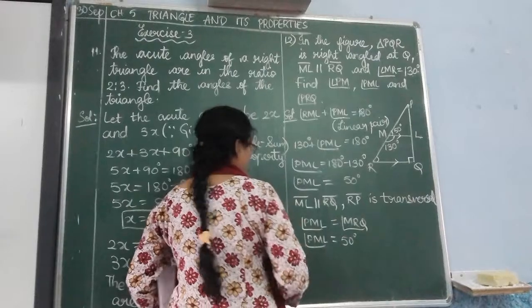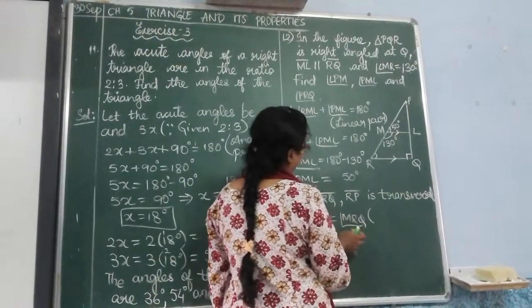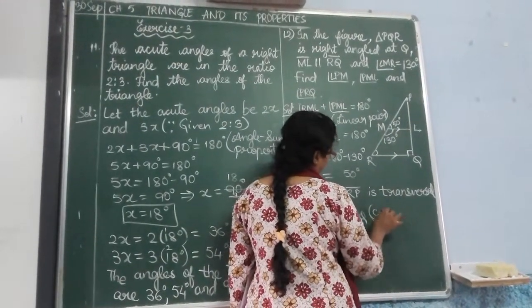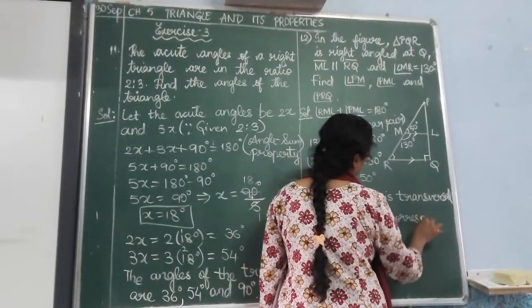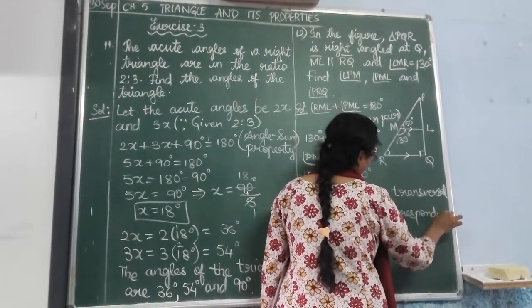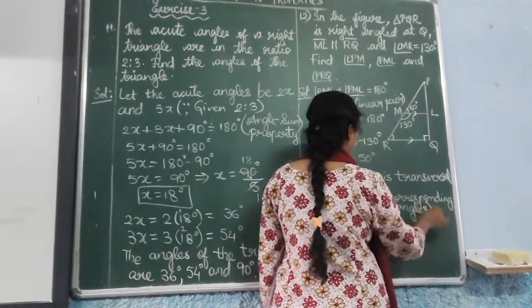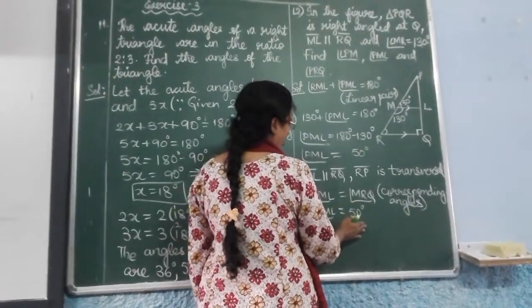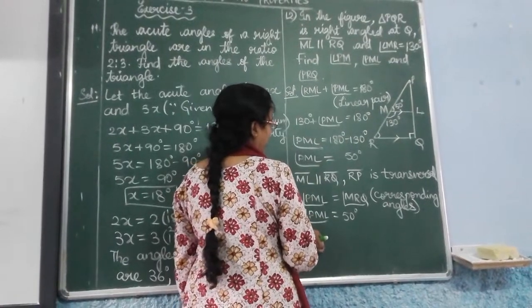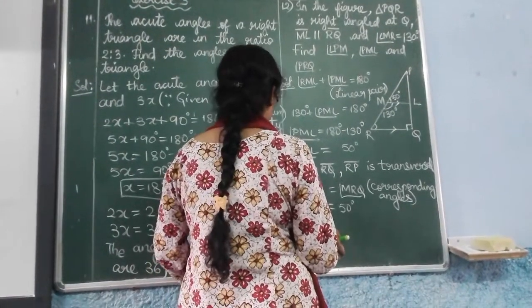How do you know? Because they are corresponding angles. Corresponding angles are equal. So you got PML as 50 degrees.